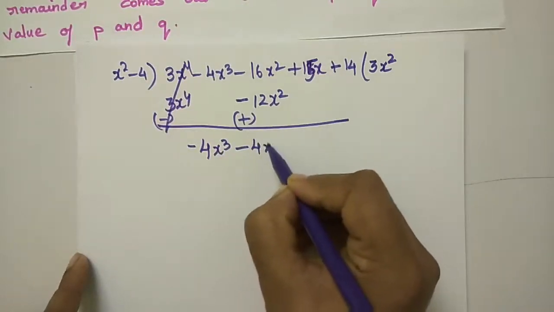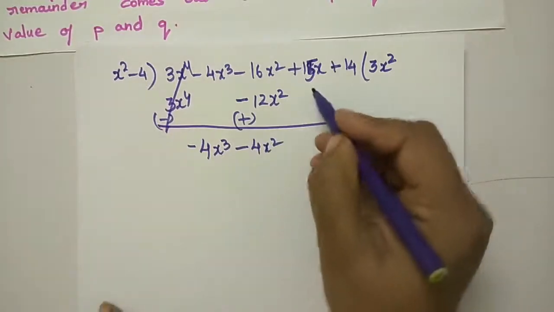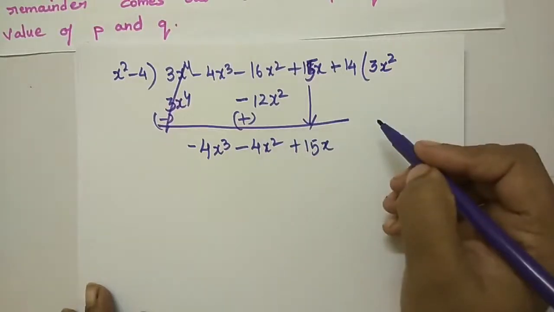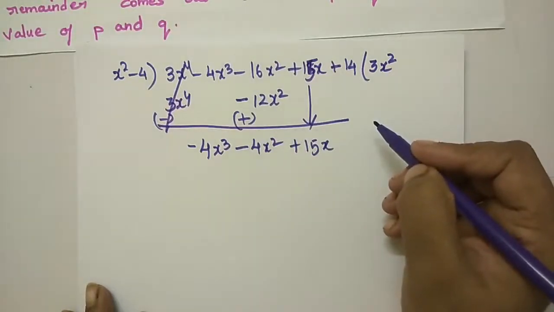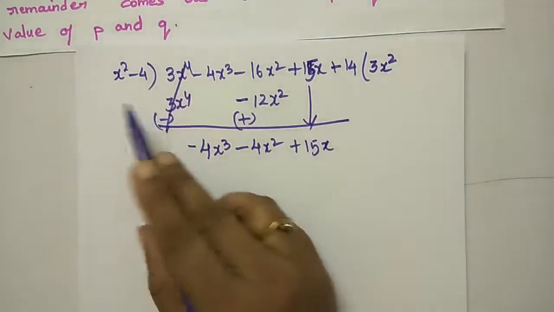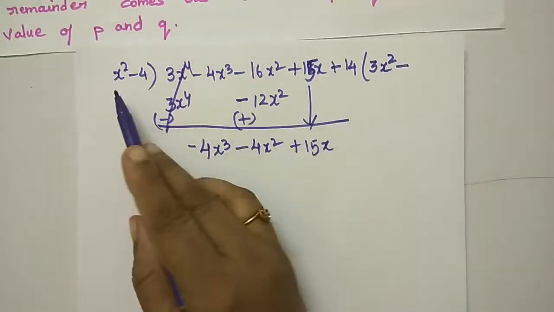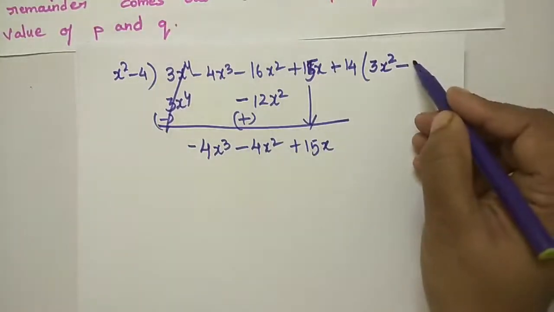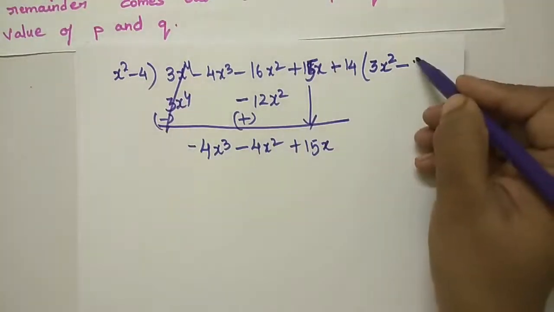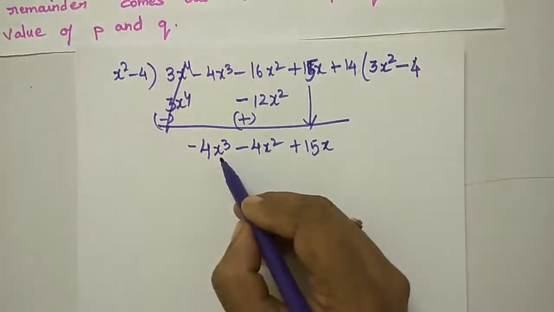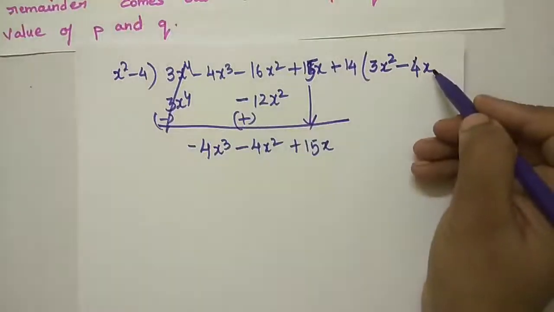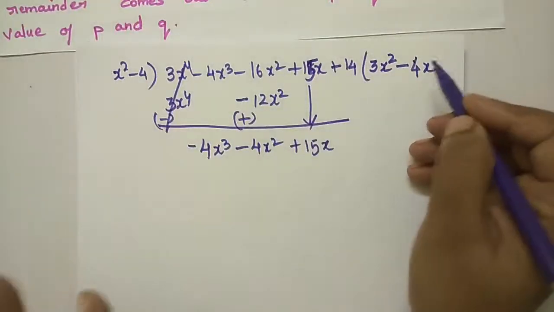Minus 4x square. Now bring this term down, plus 15x. Now it is minus, here plus, write down here plus, here x square, here x cube. So minus, here quotient is 1, here quotient is 4. So 1 into 4 you will get 4. Variable is x and the power here it is 3, here it is 2. So if we add 1 you will get 3.